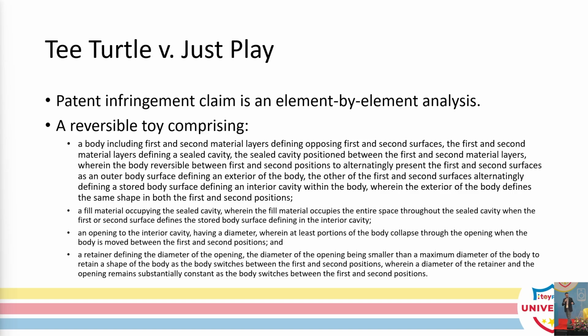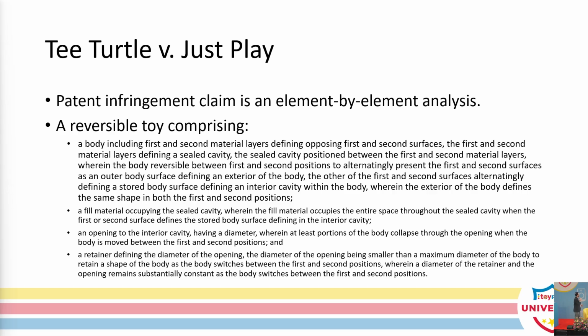The reason I place this case here is because I specifically wanted to point out that while trade dress and copyright is somewhat subjective, patent infringement, on the other hand, is an element-by-element analysis. And for everybody's benefit, I put up the claim so that you can see what exactly the claim is for this particular product.